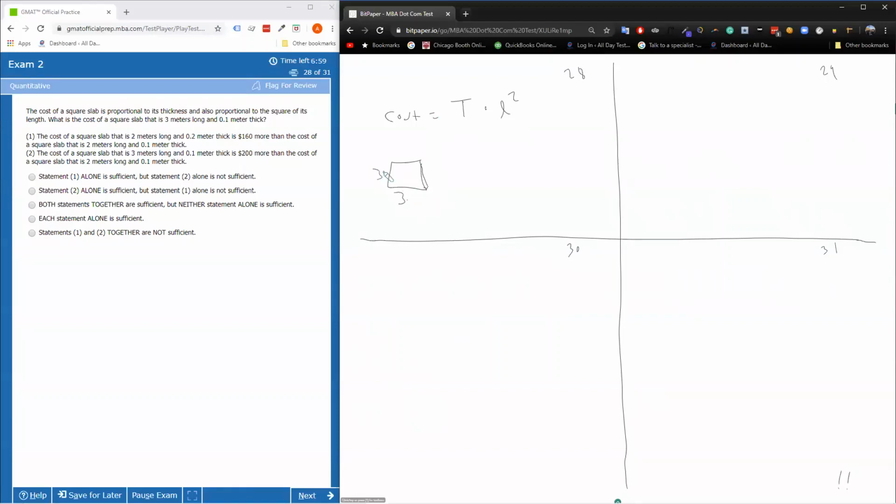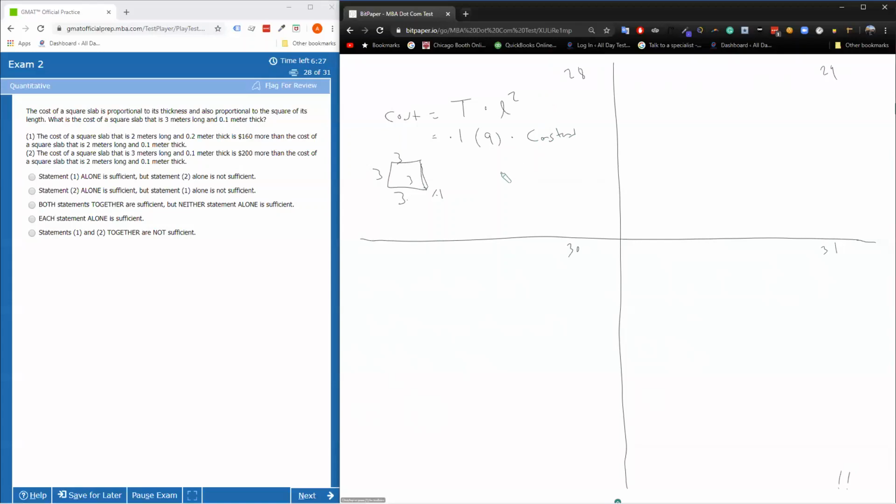So 3, 3, 3, 3, then 0.1, times 9. So then this is also sort of times some constant. So we sort of have to find the constant.